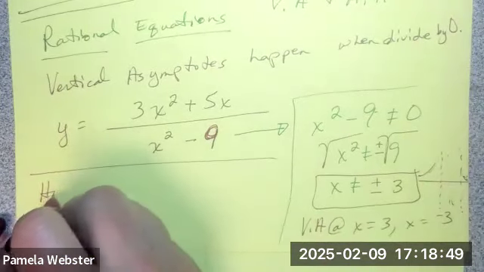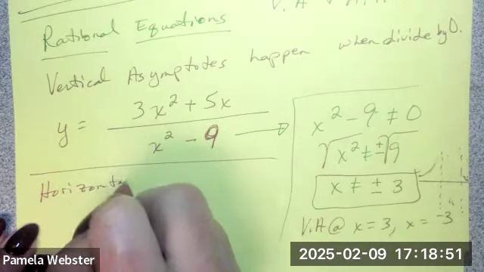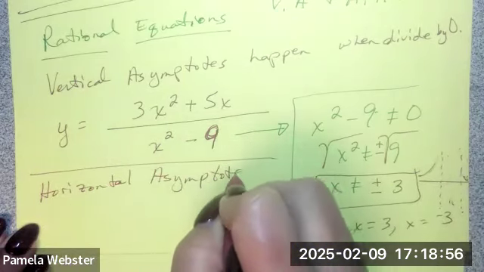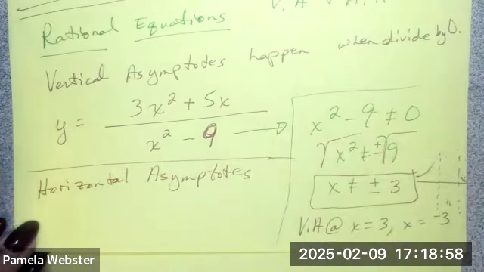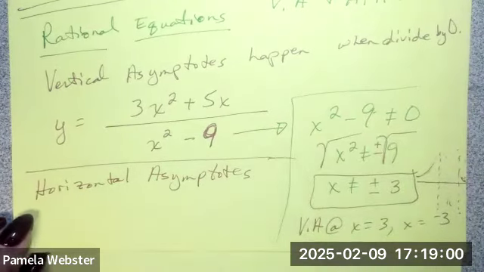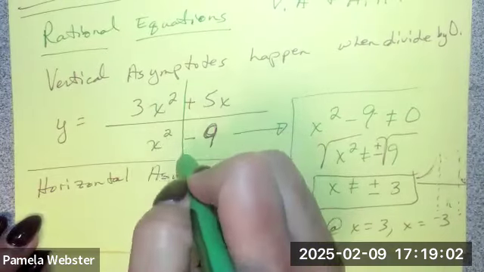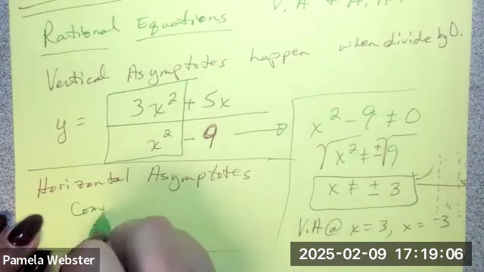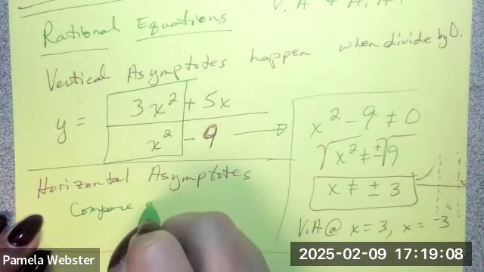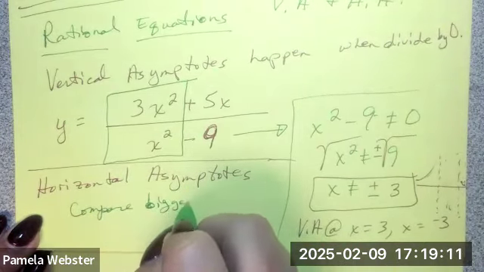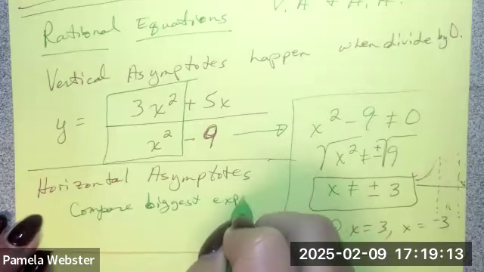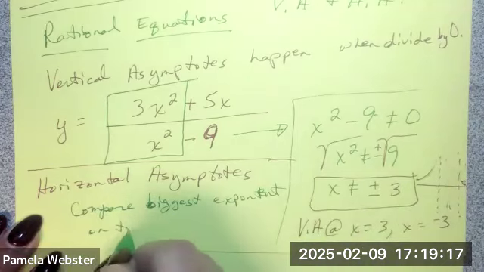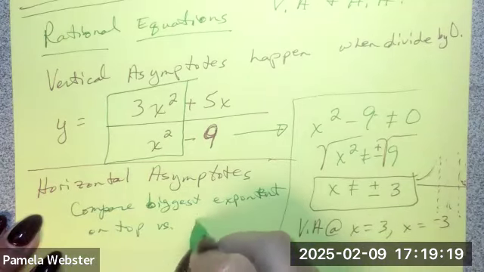And then horizontal isotopes. Okay, these guys, there are 3 rules. We're going to look at this one right here. And all it has to do with is comparing the biggest exponent on top versus the bottom.